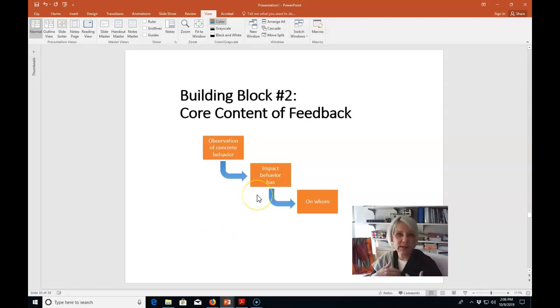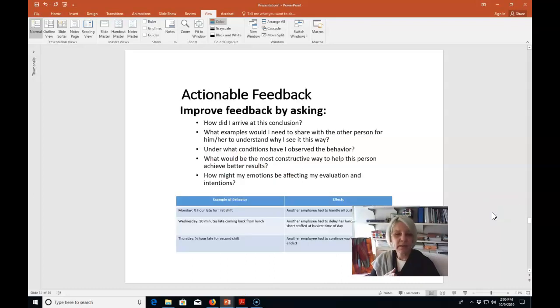We need to discuss the impact it's having on ourselves, on the work group, on the clients, on whomever, and make sure we've identified that link and that it's demonstrable, so a person can't just bat you off with it. And then, of course, on whom that is happening. We've heard this already with actionable feedback, but these are good things to ask yourself to make sure your selection of data and your inference process is accurate.